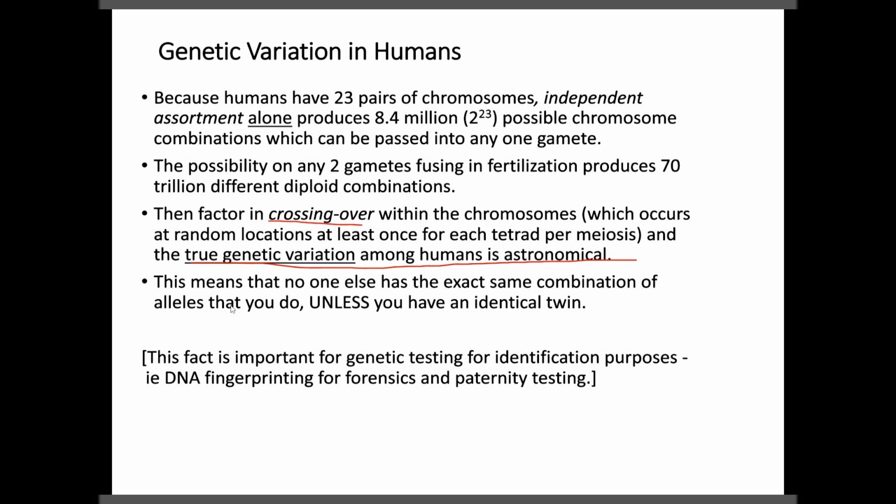And that means that no one else has the exact same combination of all the alleles that you have, with the exception of those who have an identical twin, because identical twins come from one zygote. They're called monozygotic. And this fact is going to be important when we talk about genetic testing for identification purposes, sometimes called DNA fingerprinting, for forensic testing and paternity testing.